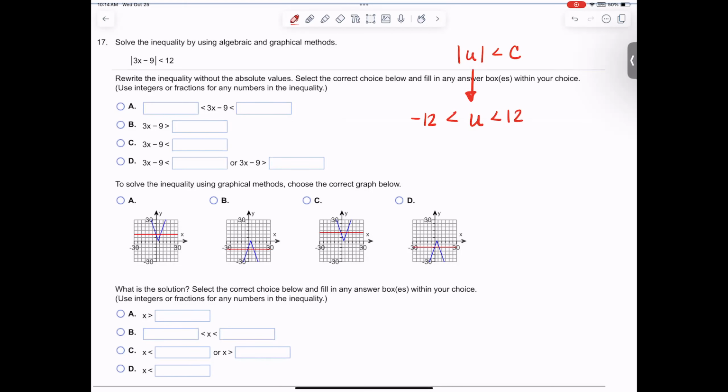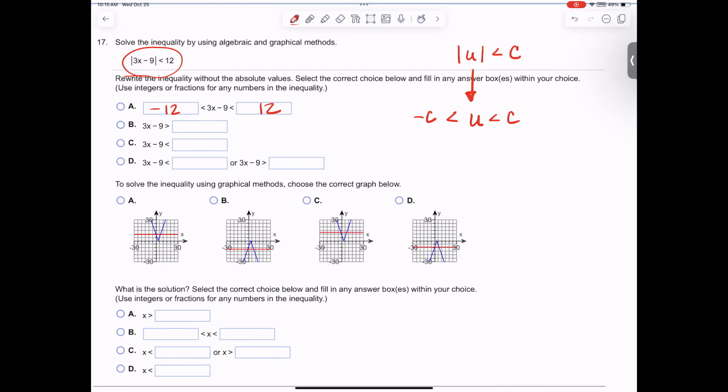Well, it's a C, not a 12. So if I have the absolute value of 3x minus 9 less than 12, then 3x minus 9 has to be between -12 and +12. That is all there is to that problem. That's literally pretty much it.